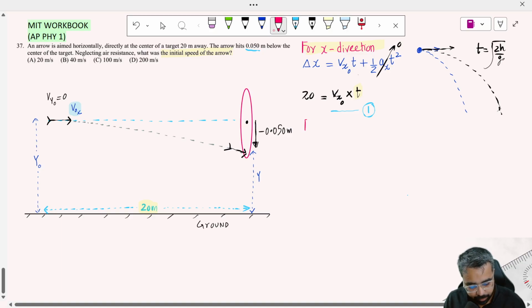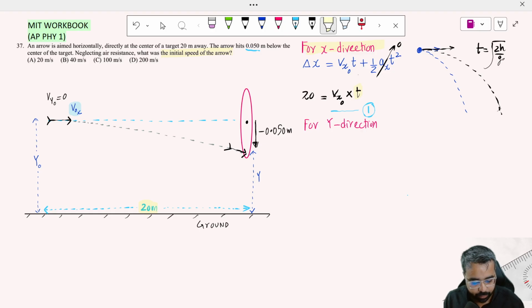Now we will apply the kinematic equations for the y direction, because it will give us an equation with which we can find the time.